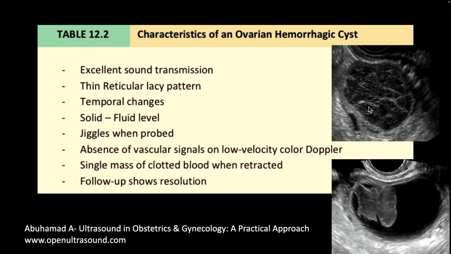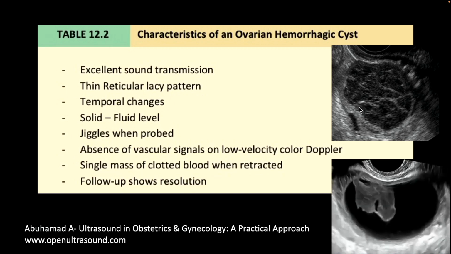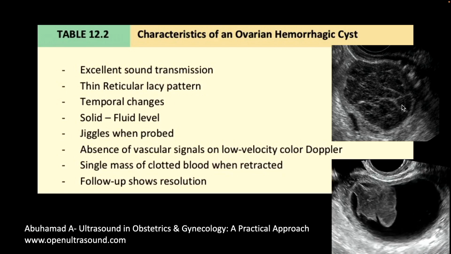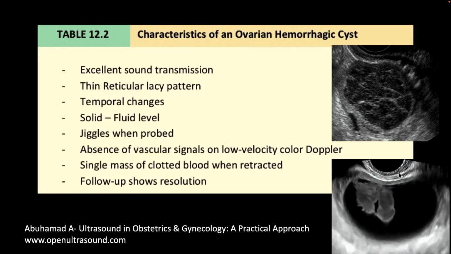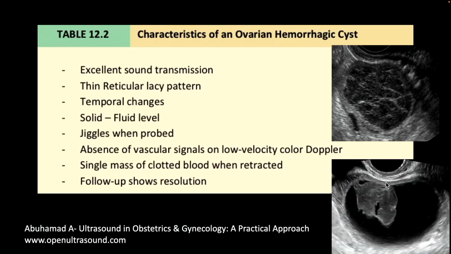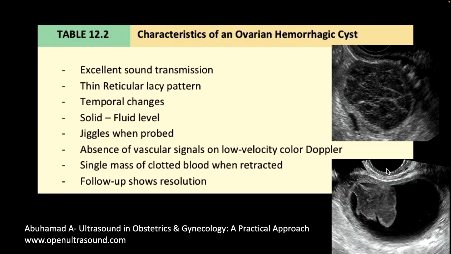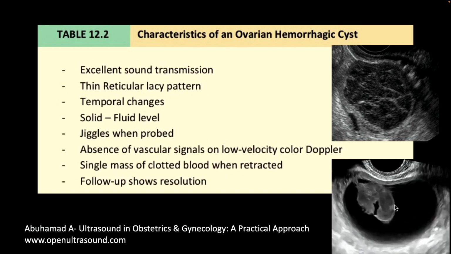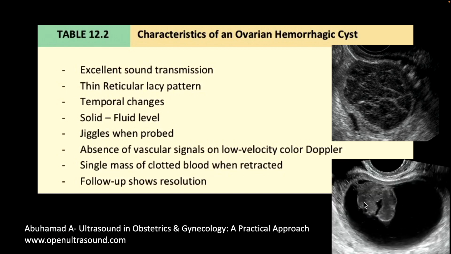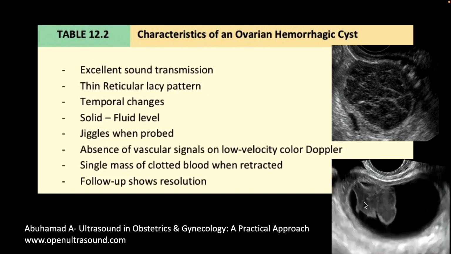Over time, if you follow this patient, the clot retracts, and you have a fluid solid level within. And this is a different patient with a clot. What I'm showing you here, if you gently probe this, you see how it moves like jello, it jiggles.